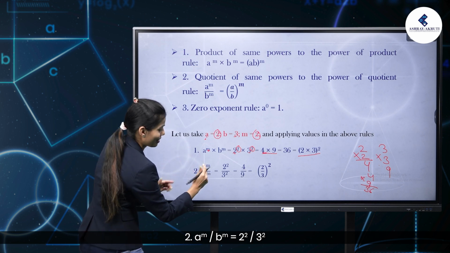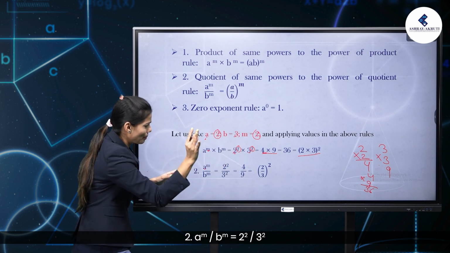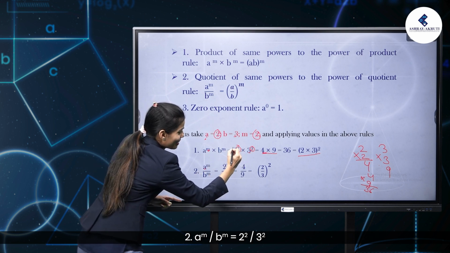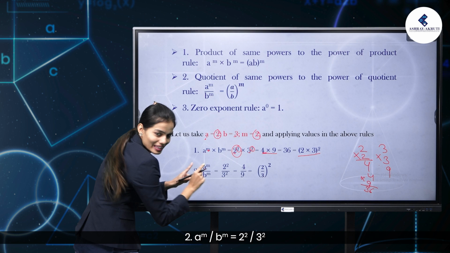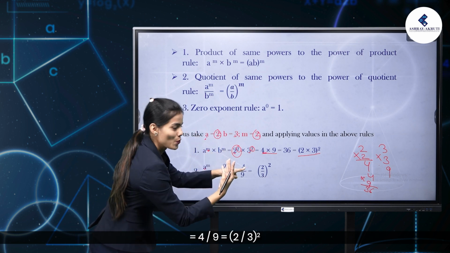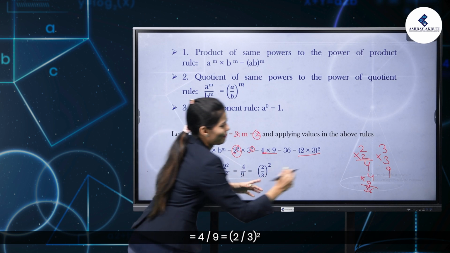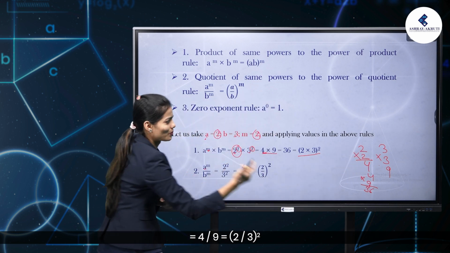Number 2. a power m by b power m is equal to 2 power 2 by 3 power 2 is equal to 4 by 9 is equal to (2 by 3) whole power 2.